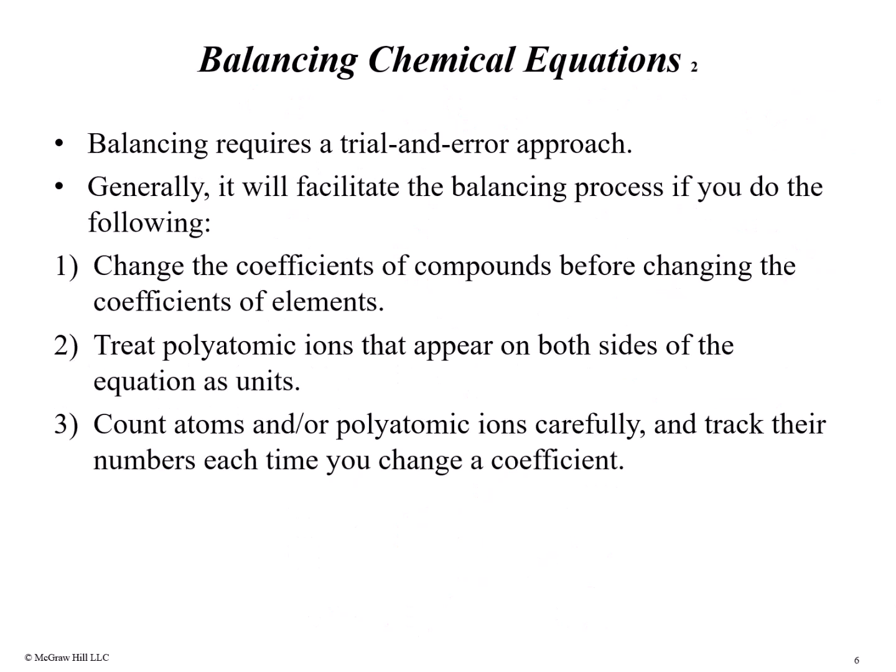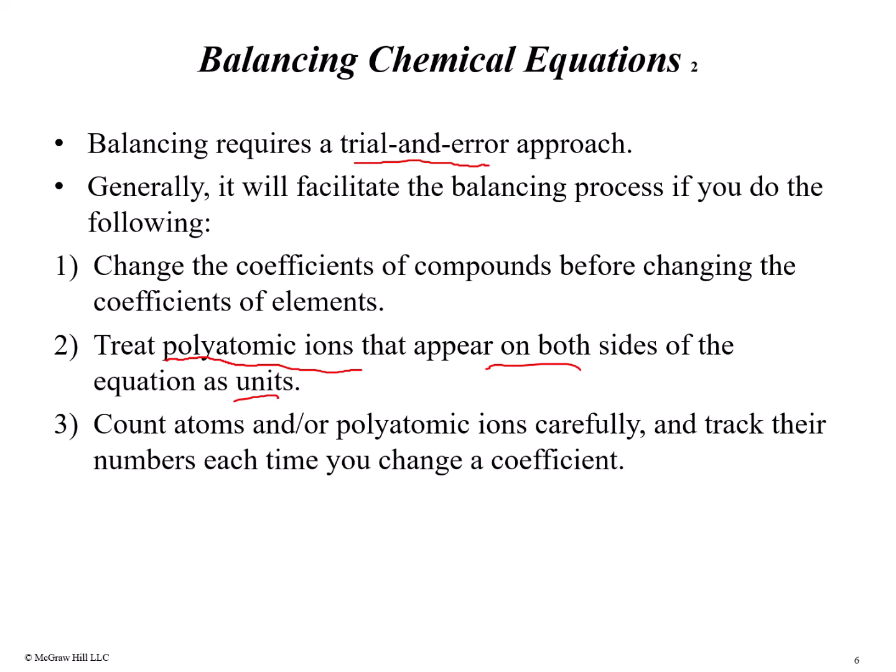So balancing chemical equations, they do give you some rules here. It is a trial and error approach, bottom line, and you have to come up with your method of how you're going to balance the equation. I'll talk about my method, and then you can decide if you want to do that. The one that does help a lot is treat the polyatomic ions, if they appear on both sides, as a unit.